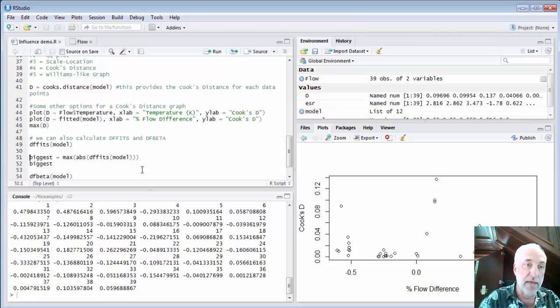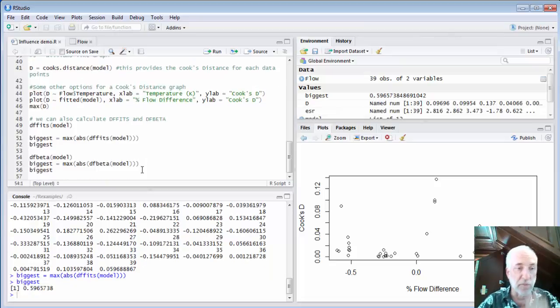If I run that function and display the biggest, I see that the biggest is about 0.6 right here. 0.6 standard errors is how much the predicted y value changes with or without that particular data point.